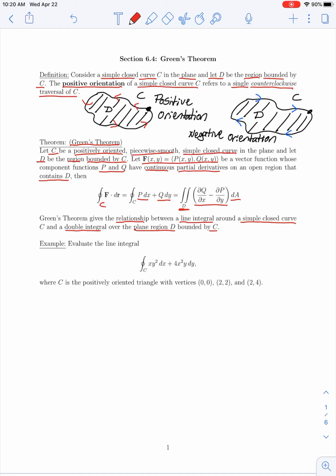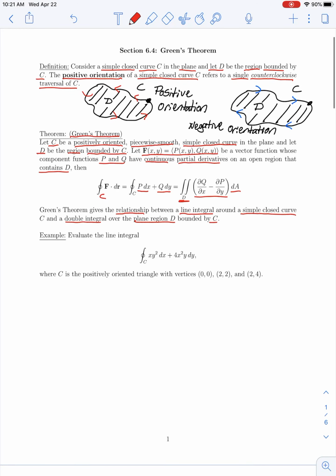So Green's theorem gives a relationship between a line integral over a closed plane curve and the double integral over the region bounded by that curve. So for certain line integrals, we can make use of Green's theorem to convert that line integral to a double integral, which might be easier to evaluate than the line integral we're considering. So some examples of this we'll consider throughout this section.